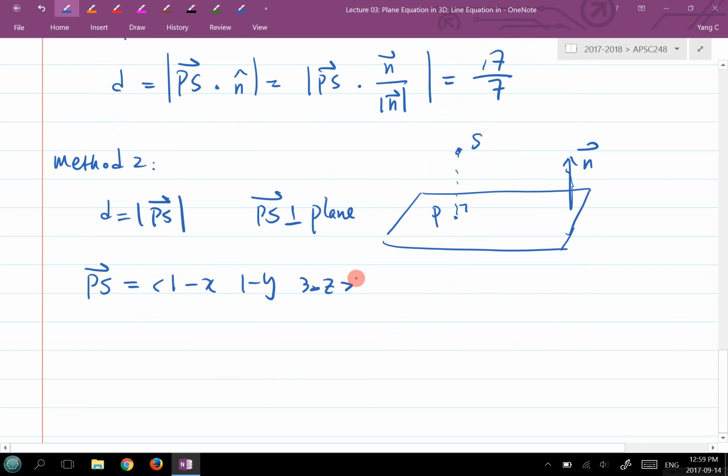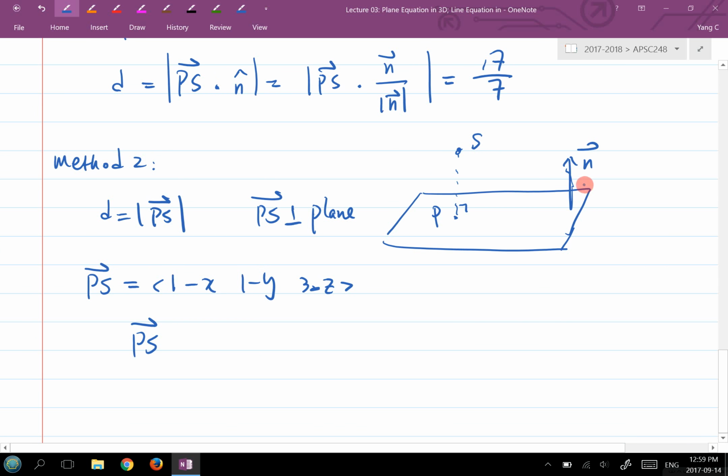Okay, so let's see how we proceed from here. We make use of the available information. If P happens to be the point such that PS is perpendicular to the plane, then what's the relationship between PS and the normal vector N?